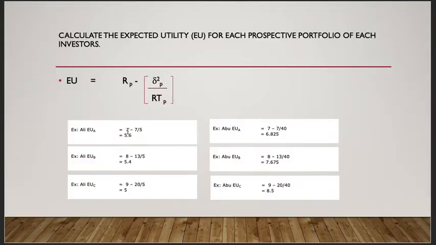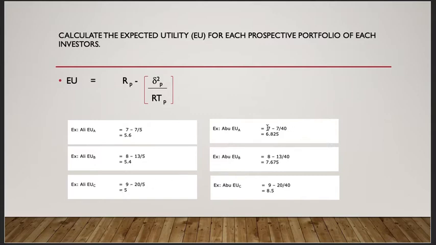If Ali invests in portfolio A, the expected utility would be 5.6. If Ali invests in portfolio B, the return of the portfolio 8 minus the variance 13 divided by RT 5, the expected utility will be 5.4. And if Ali invests in portfolio C, the return 9 minus the variance 20 divided by the risk tolerance of Ali 5, it would give an expected utility of 5.